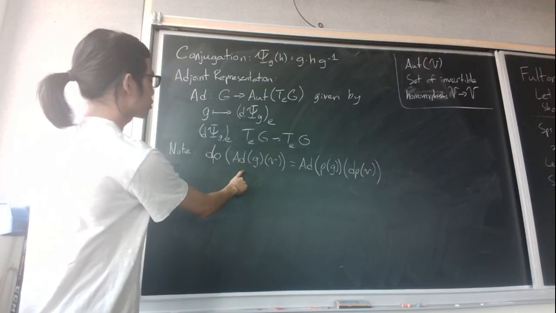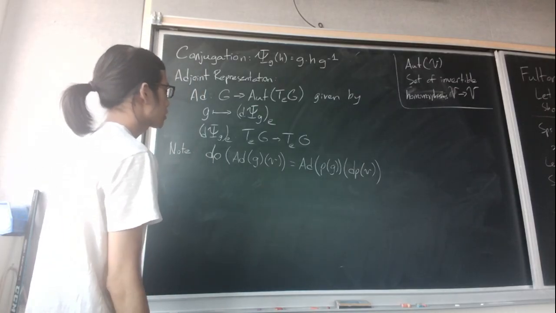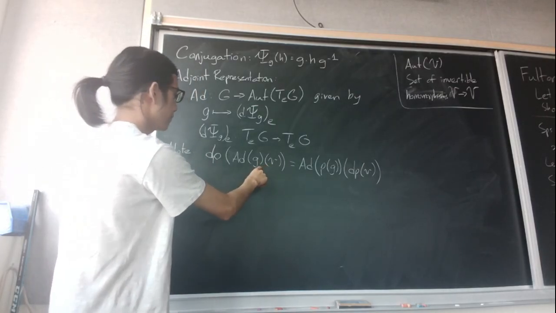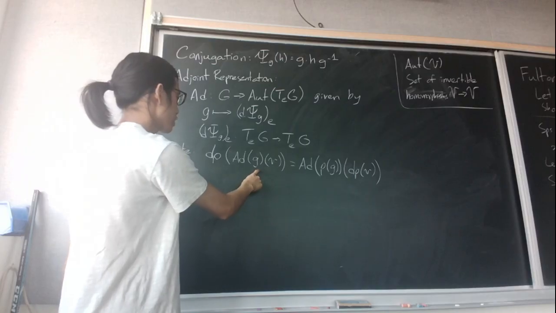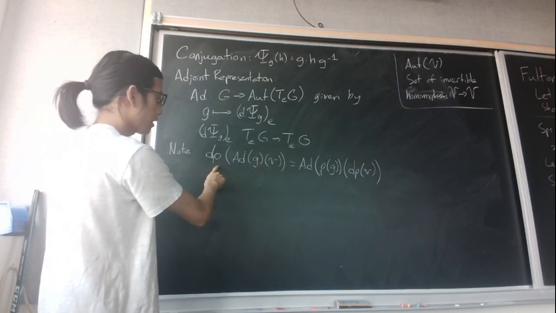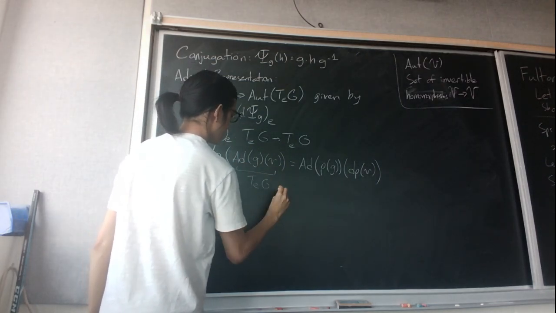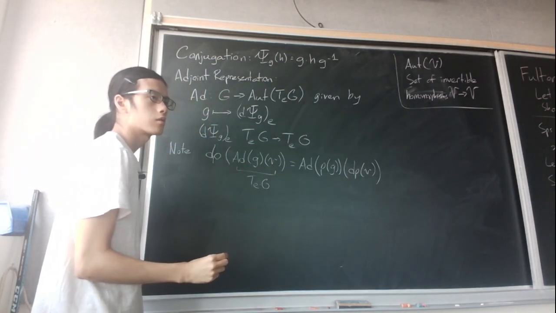So the adjoint representation, Ad g v. This is the differential of conjugating by g applied to v, and then we take d rho of that. So this thing lives in the tangent space at G, right?